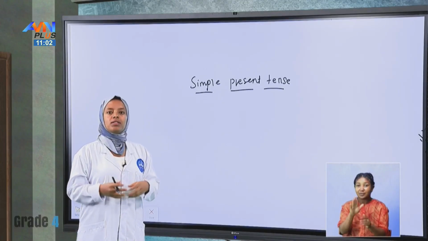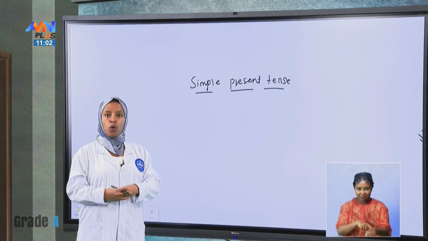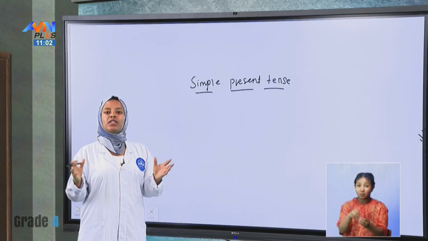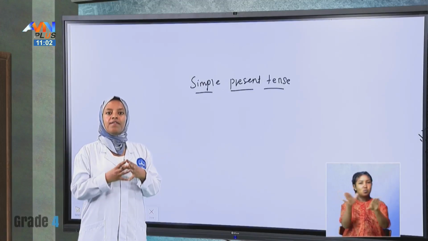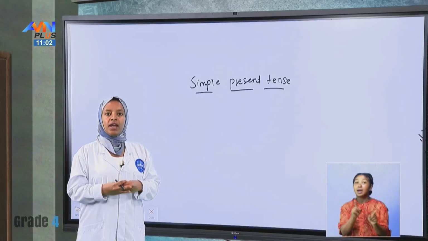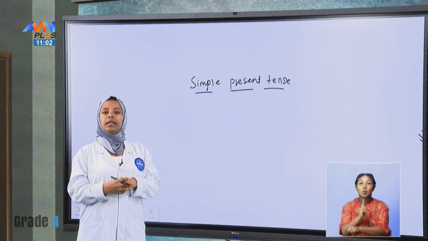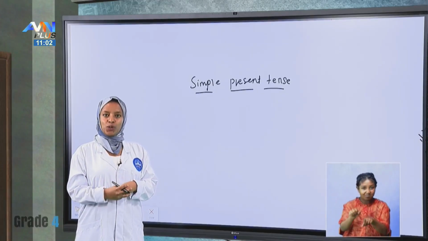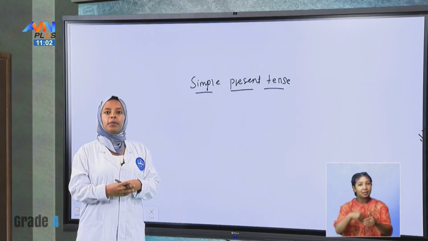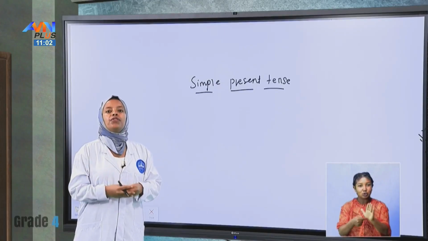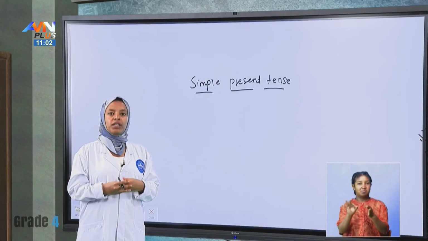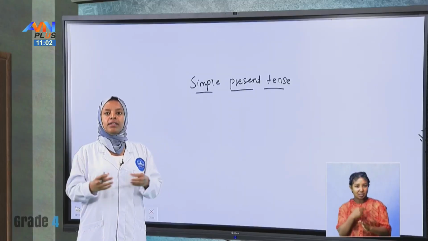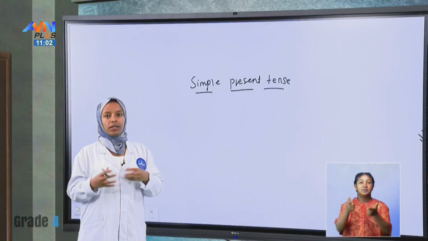The next one is simple present tense that also shows universal truths and facts, like the sun rises in the east. That is a fact. The next one, simple present tense shows state of being, like she lives in London.